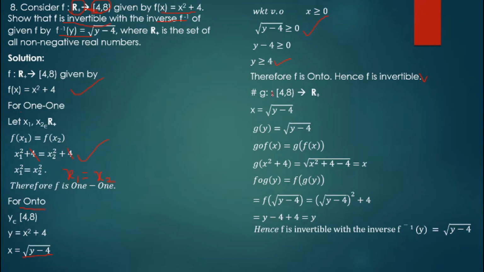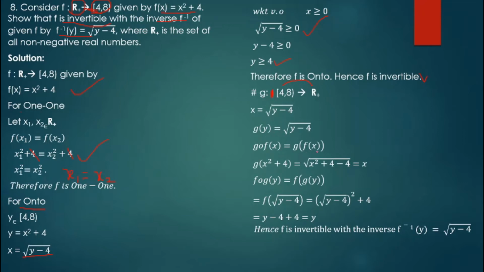When it is f inverse, we usually say f inverse is equal to g. So we are interchanging codomain and domain. When it is inverse, our codomain changes to domain and domain changes to codomain. So x = √(y − 4), that is x in terms of y. So g(y) = √(y − 4).